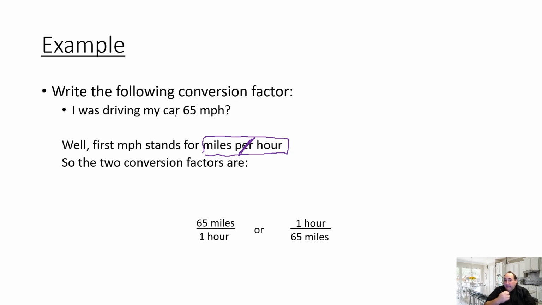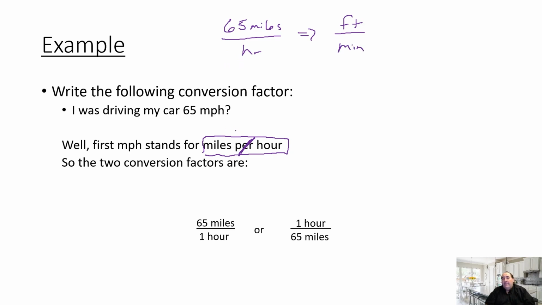When we do have, for example, something like this, say 65 miles per hour, and let's just say we wanted to know how many feet per minute that would be.